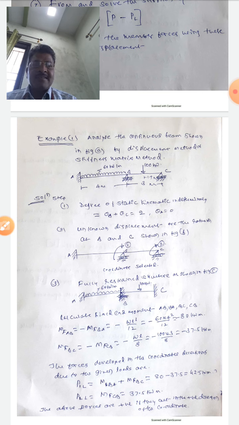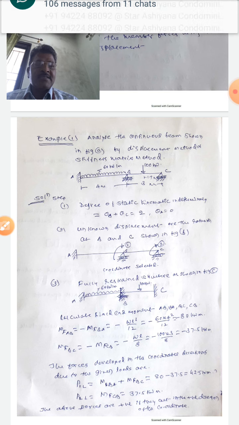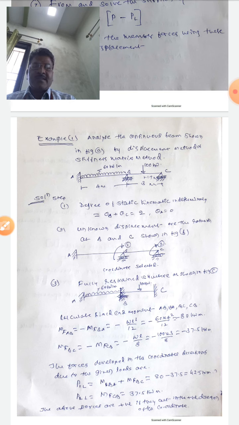In this case the displacements are possible at B and C, that is theta B and theta C. Theta B and theta C are the two possible displacements, therefore the kinematic indeterminacy is theta B plus theta C, that is equal to 2.